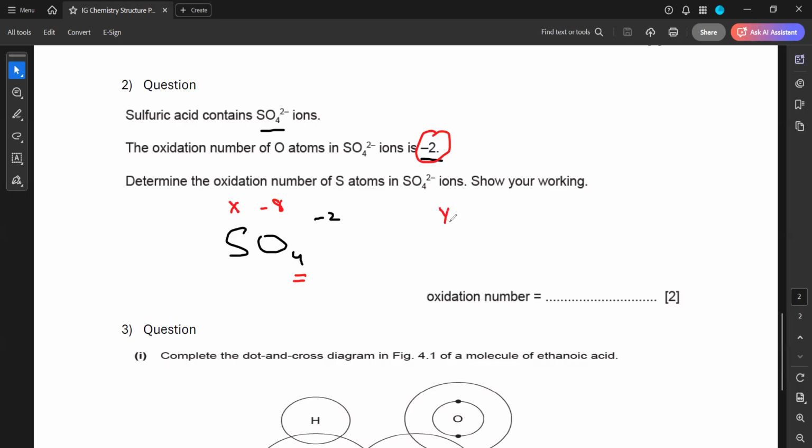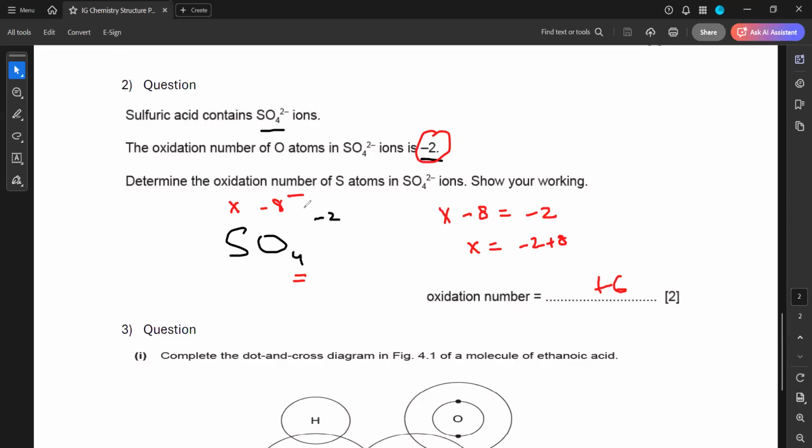So what does it mean? It means X minus 8 is equal to -2. So if X minus 8 is equal to -2, what is the value for X? So it will be -2 plus 8. So -2 plus 8 will get +6. That's the oxidation number or the charge of the sulfur in sulfate ion.